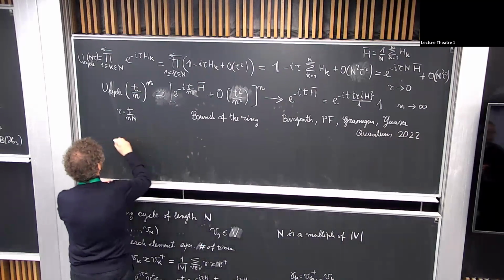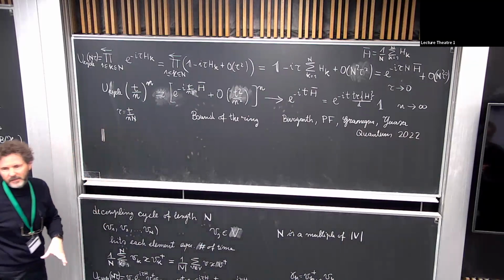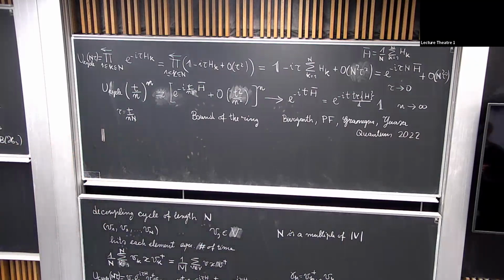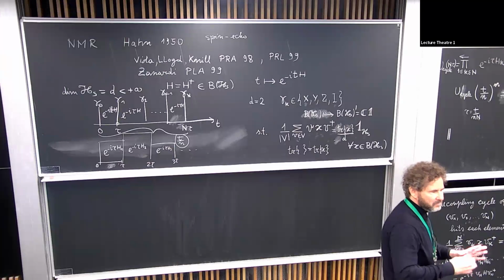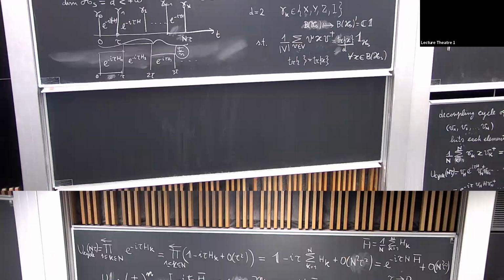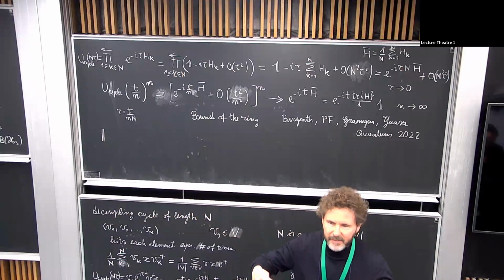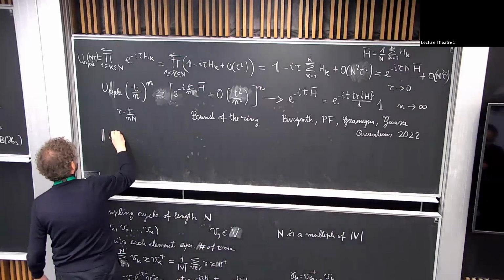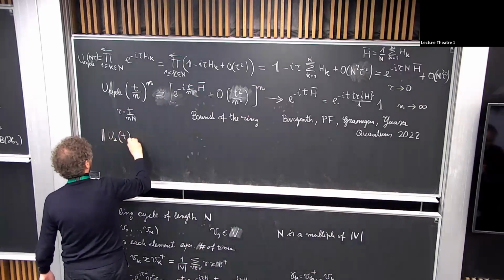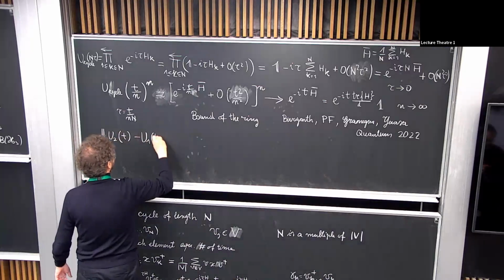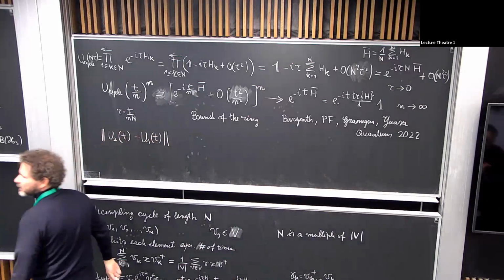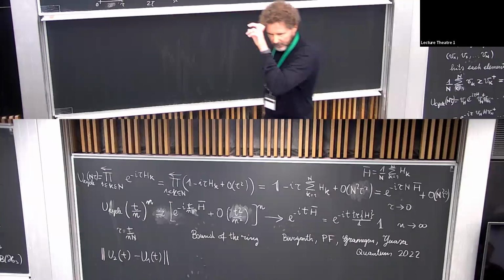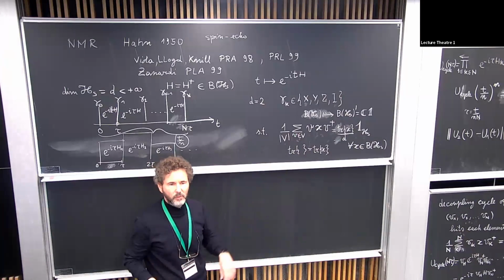But so you have two unitary propagators generated by time-dependent Hamiltonians, so you don't need anything else. And you want to give a bound to the divergence between the two evolutions.